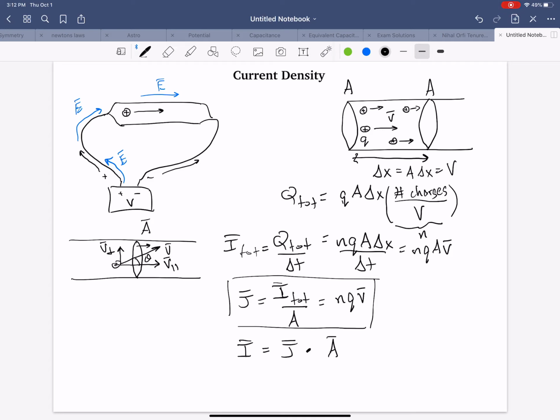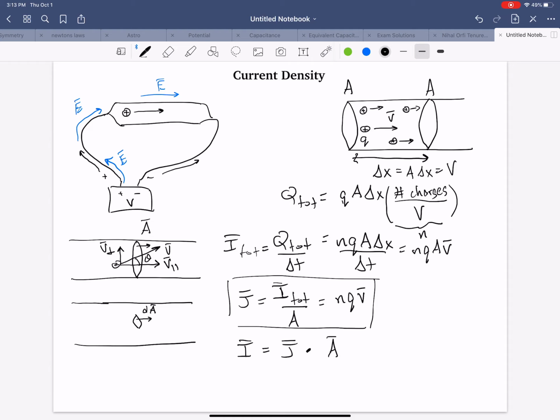However, not only can the angle change, the area itself can also change. The cross-section can change. What if we just wanted the current through a tiny section of that wire? Well, now that little vector we can call dA. That's some differential part of the cross-sectional area.